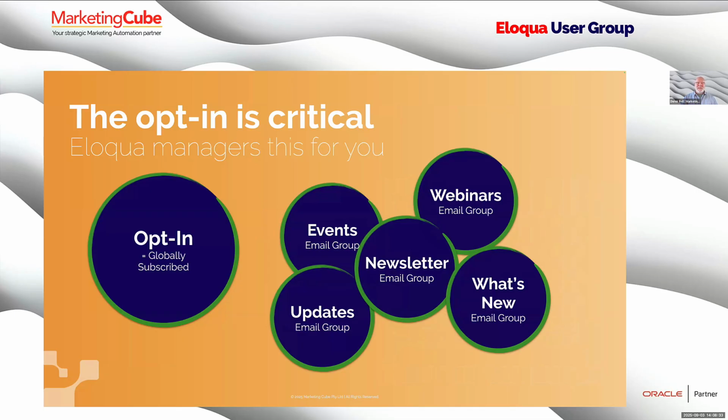You may translate these to people giving you their preferences or their interests. You can be very granular or very high level, depending on what you want to do here. Through this example, we've broken webinars and events out as 2 different subscriptions. And COVID probably was the big change there in relation to that.